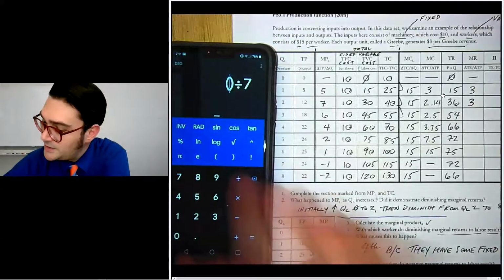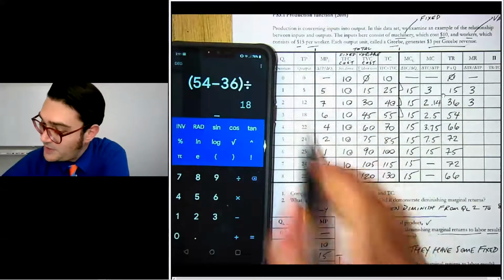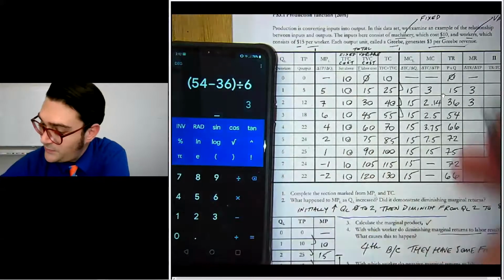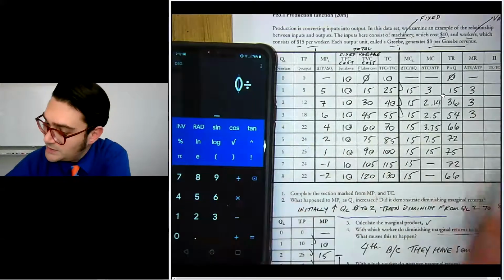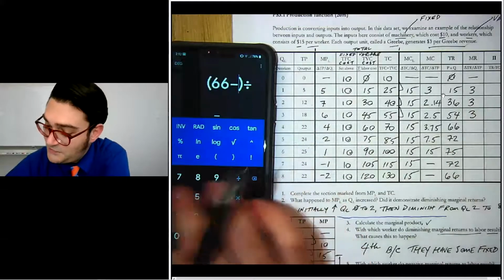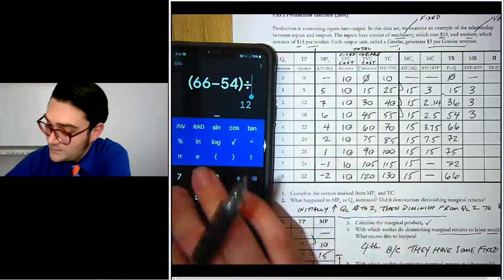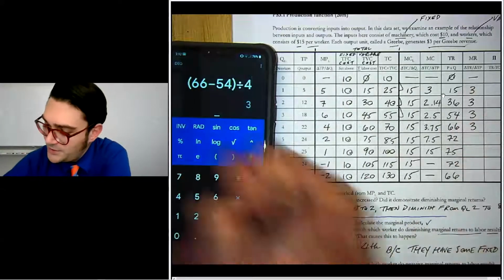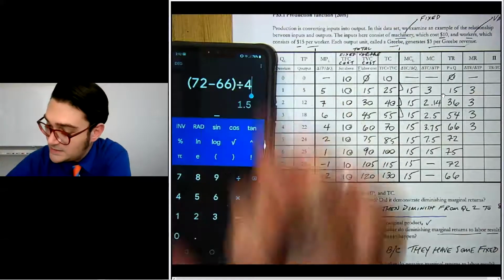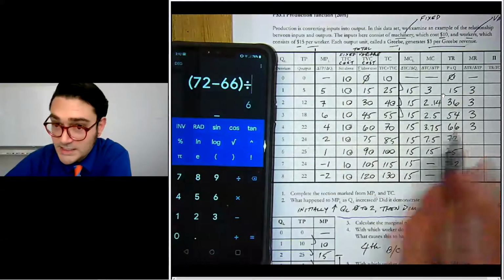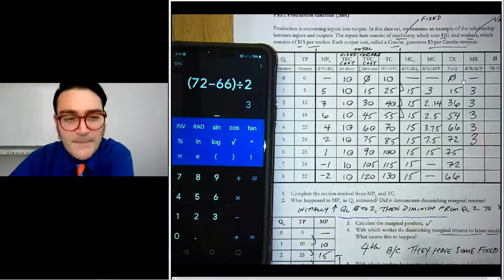Now 54 minus 36 divided by, and how many did we make that time? We made 6. That's 3. And this one is 66 minus 54, that's the change in total revenue, divided by 4. That's 3. We start to notice a pattern here, y'all. 72 minus 66 divided by this one, 2, that's 3. I bet the next one's going to be 3.